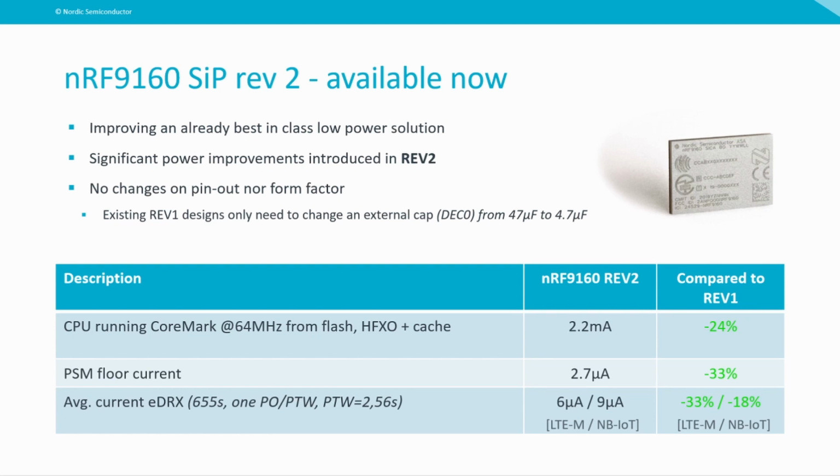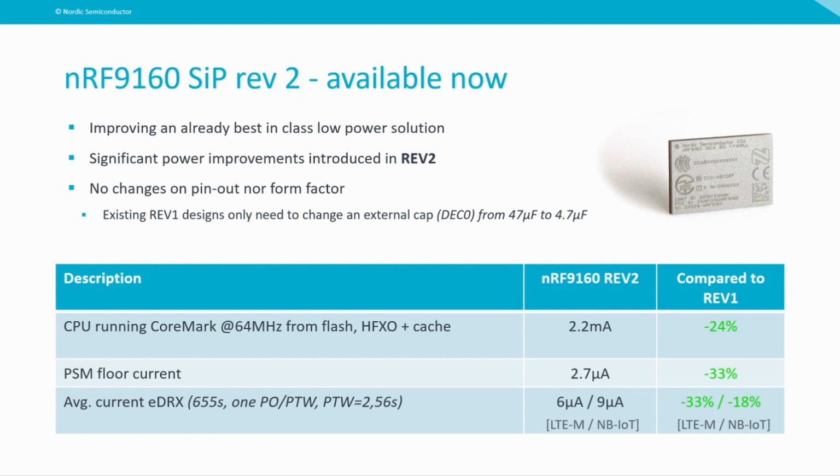In the table here you can see some key numbers. The first one is that we have the CPU running the CoreMark benchmark at 64 MHz from flash with our high frequency crystal plus cache. So compared to revision 1 we improved 24%.